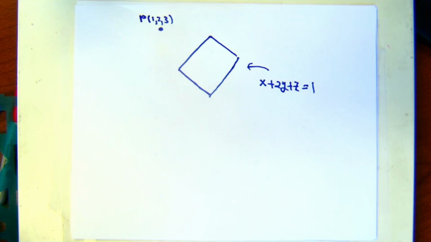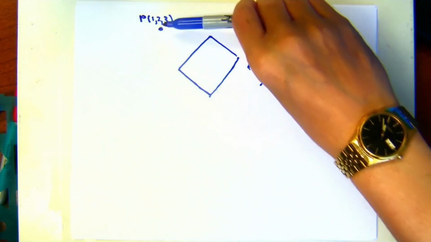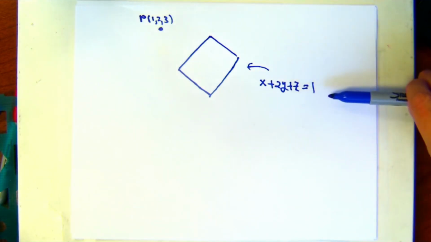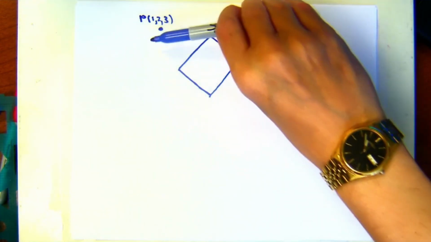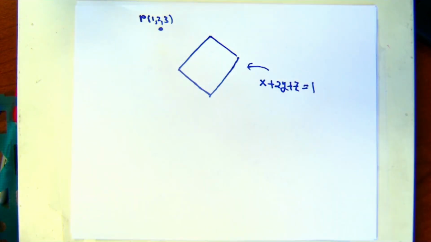So, for example, think of having the plane x plus 2y plus z equals 1, and the point P with coordinates 1, 2, and 3. 1 plus 2 times 2 plus 3 is definitely not 1, so this point does not lie in this plane. I'd like to calculate the perpendicular distance from point P to the plane.